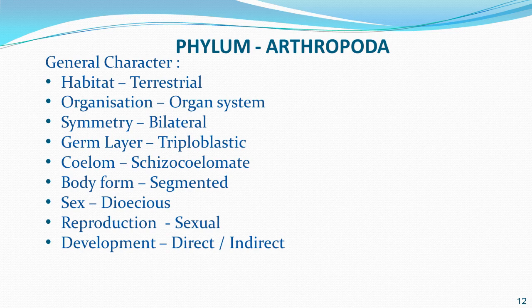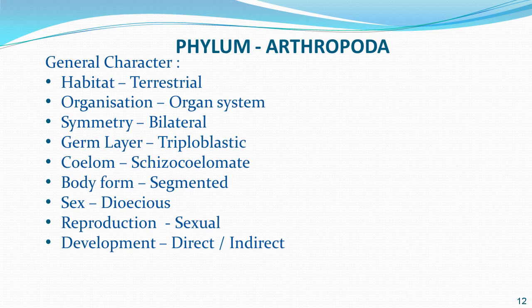Okay. And the next one is sex. Actually, it is a dioecious type, which means male and female are separate, and they produce male and female gametes also, right? So, of course, the reproduction is sexual reproduction. Clear? And the development is either indirect type or direct type.